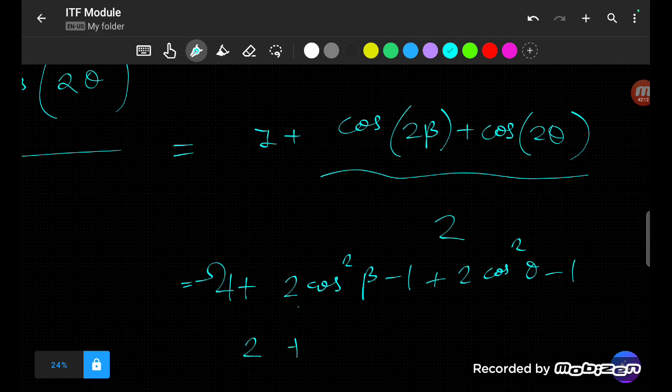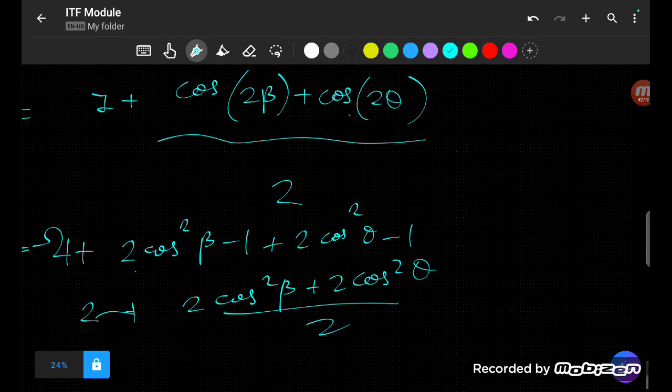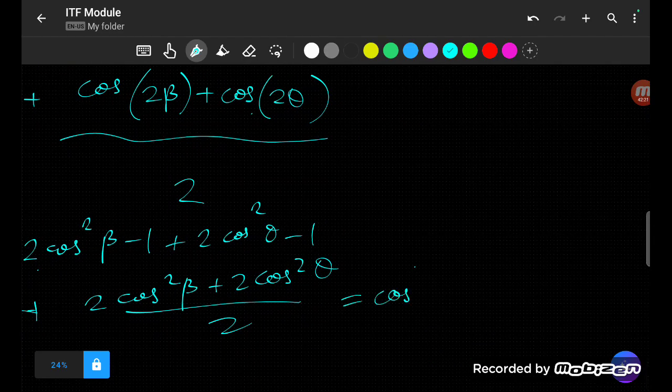So 2 minus 2, so what happens? 2 cos square beta plus 2 cos square theta by 2. So the answer is cos square beta plus cos square theta. Yes, this is the C of 19, 19C.